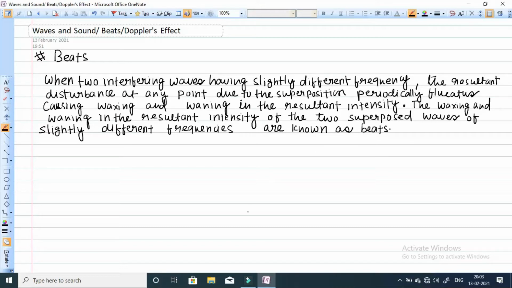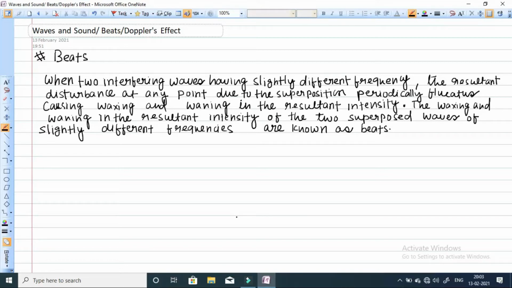We have seen the interference of waves, when the waves have equal frequency and nearly equal amplitude. That is superposition of waves basically. Now here also we are going to study the superposition of two different waves, but their frequency will be different.